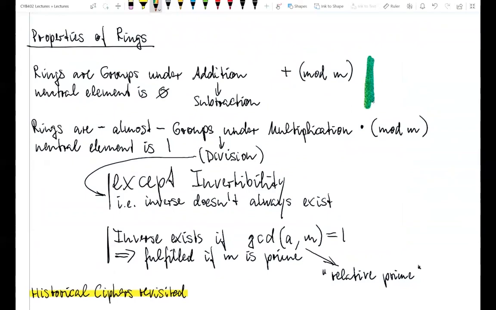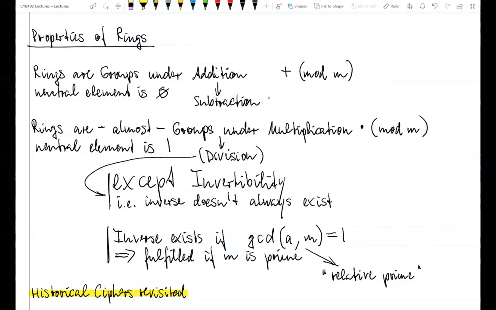So the group operation that we defined to be the donut above is plus modulo m, and the neutral element is 0. Pretty much like the example that we talked about before over the integers, except that our group here is a finite group. It's a group of elements which is a finite set.